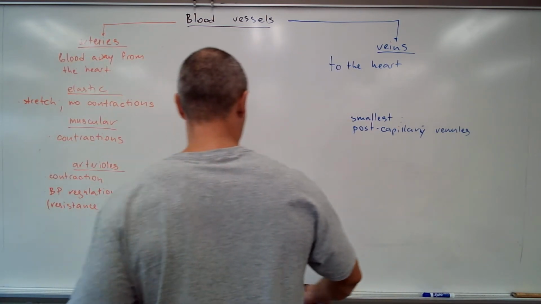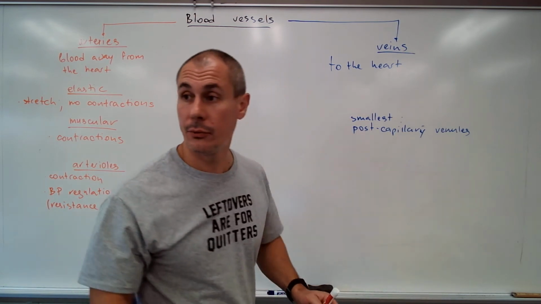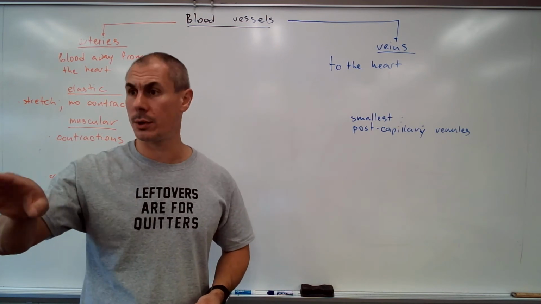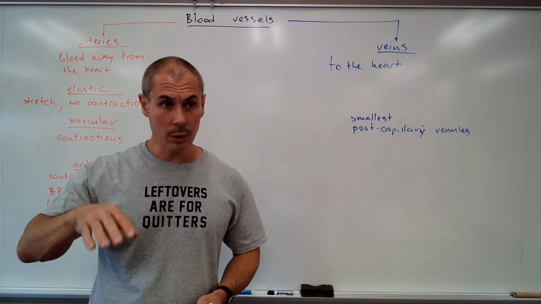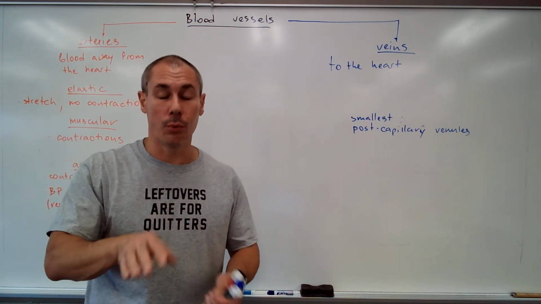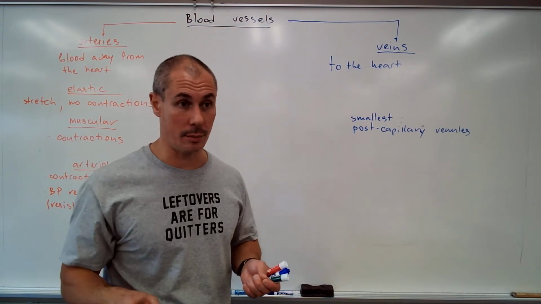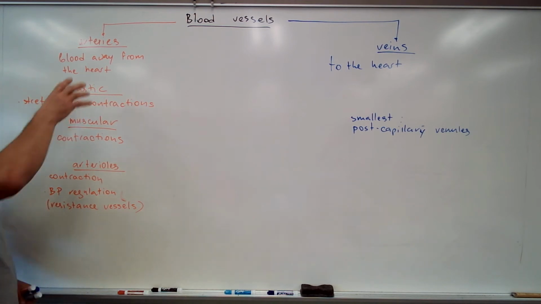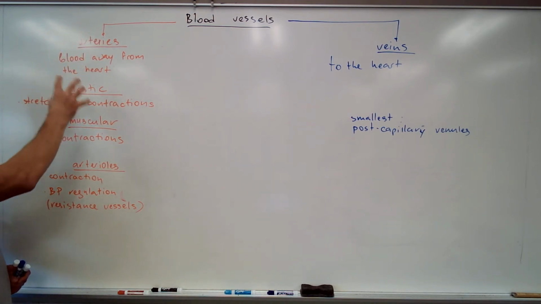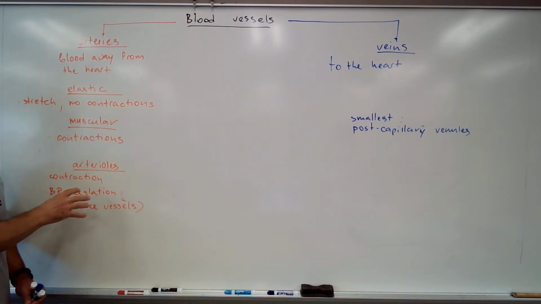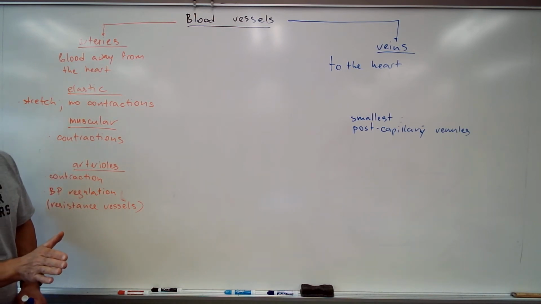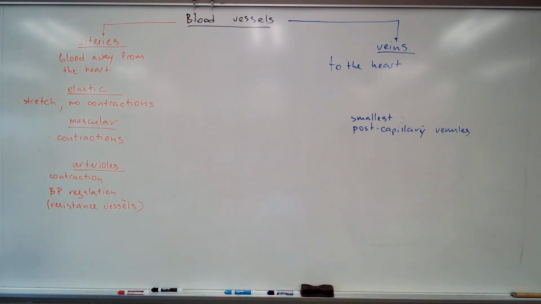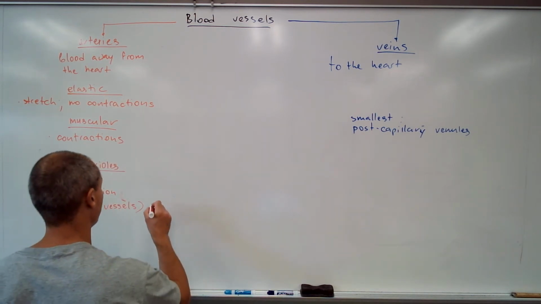So now let me lay out how blood flows through the blood vessels. And we're talking about the systemic circuit, okay? So we're going to focus on the systemic circuit. Pulmonary is the same, but I want to talk about systemic more. So blood flows from the heart into the elastic arteries, then to the muscular arteries, then to the arterioles, okay? Make sense? The smallest arteriole is the mid-arteriole.